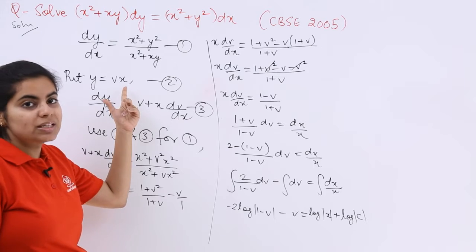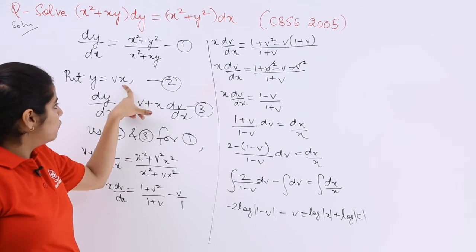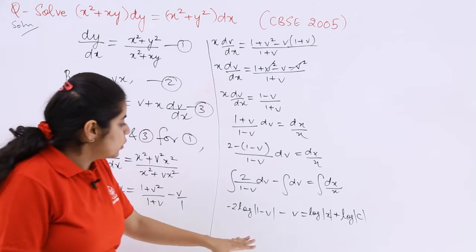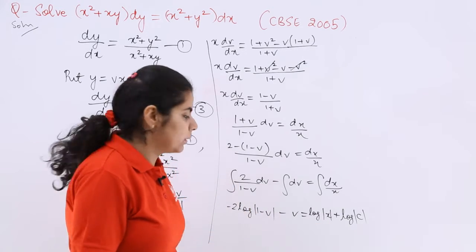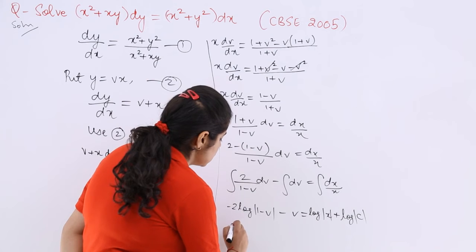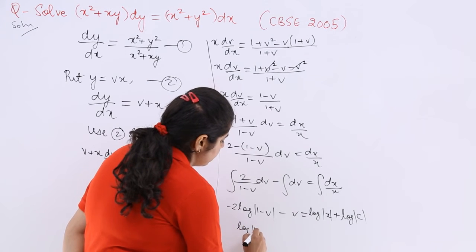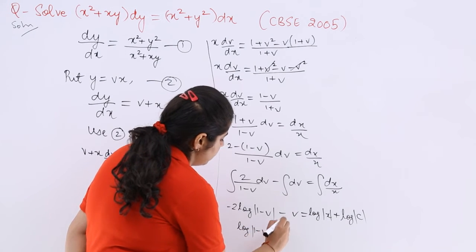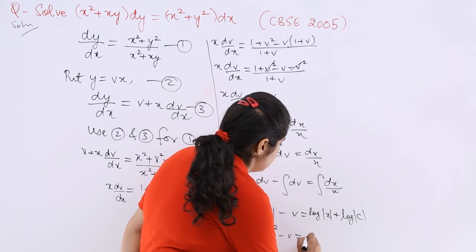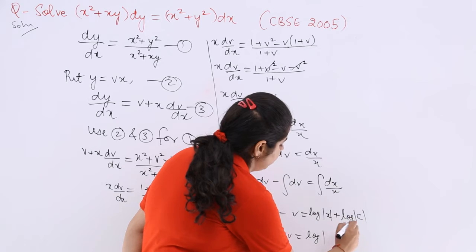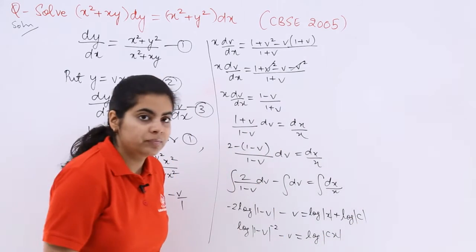So you have to substitute v as y upon x. If I substitute it like that, that will give me the answer. But first let's simplify more. So this is log (1 minus v) raised to the power minus 2, minus v is equal to log m plus log n is log mn, right?